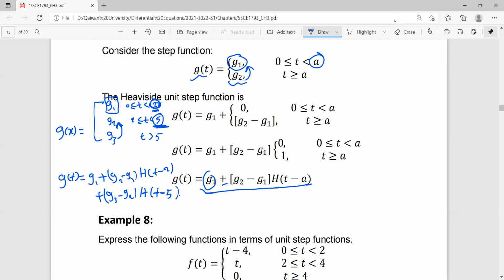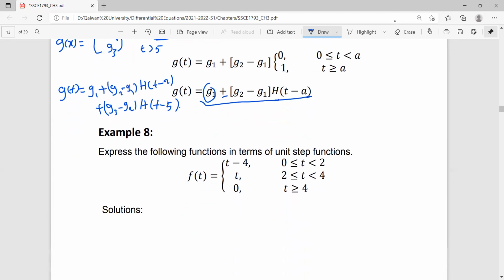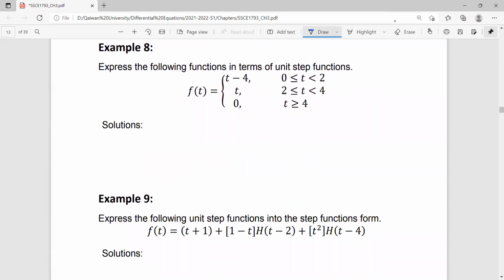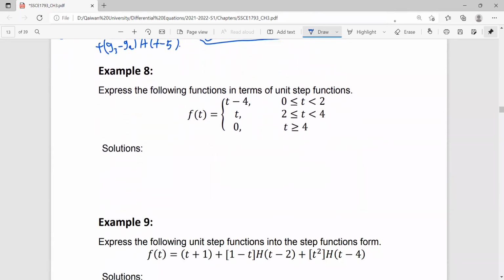Let's take 4 functions. If you have a step function with 4 functions, I'm going to write it down here. If g of t equals g1, g2, g3, and g4. Here, for g1, t is greater than or equal to 0 and less than a.